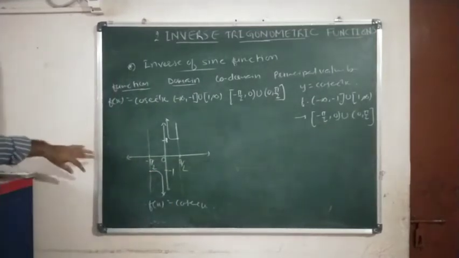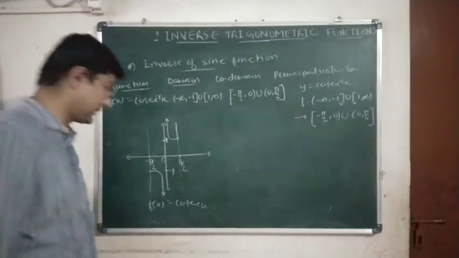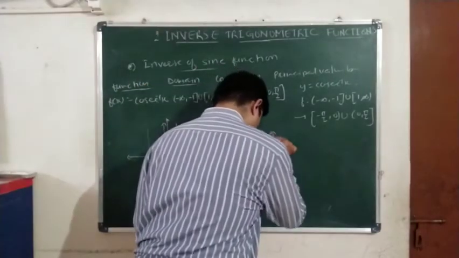This is the graph of f of x is equal to cosec x. Now let us look at the graph of cosec inverse x.